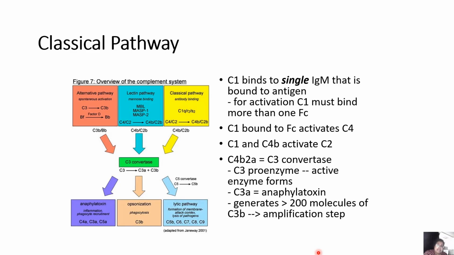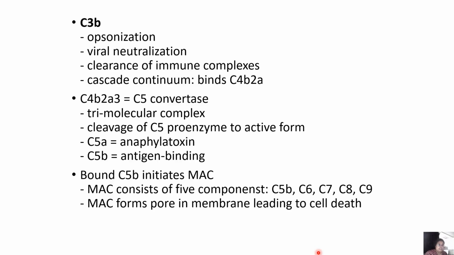C1 bound to Fc activates C4, and C1 and C4 activate C2. And C4b2a is the C3 convertase. C3 proenzyme forms an active enzyme and C3 anaphylatoxin, and generates greater than 200 molecules of C3b, that is the amplification step. Now the role of C3b is opsonization, viral neutralization, clearance of immune complexes, and cascade continuum.